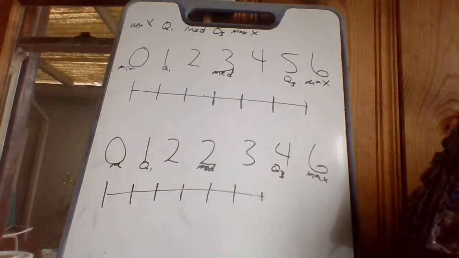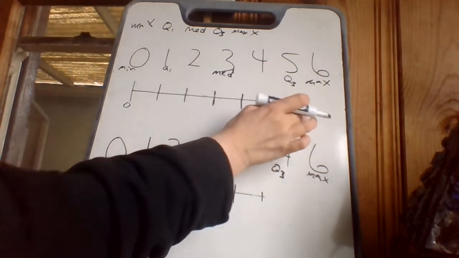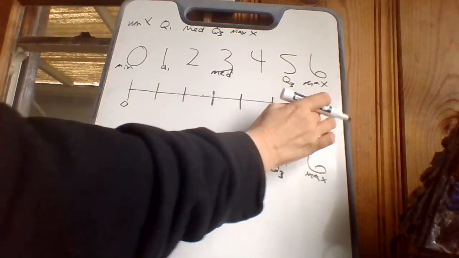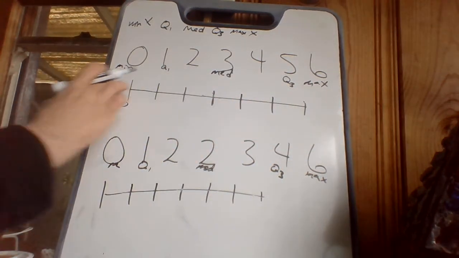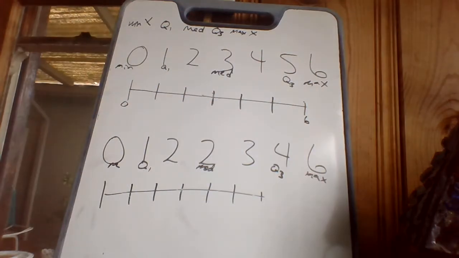It's only exactly as long as you need. So if I start 0, 1, 2, 3, 4, 5, 6, it's a number line. Nothing exists before 0 or after 6. And that takes care of putting min and max on there, just by making your whiskers the right length.